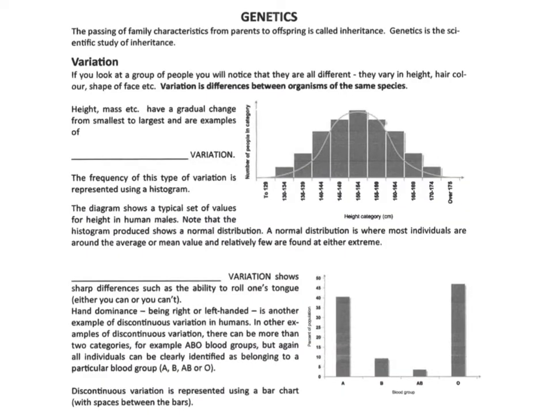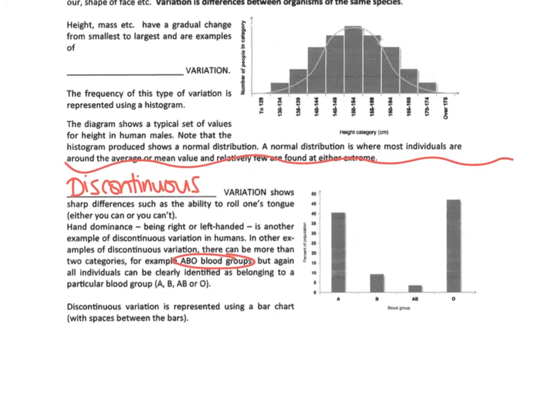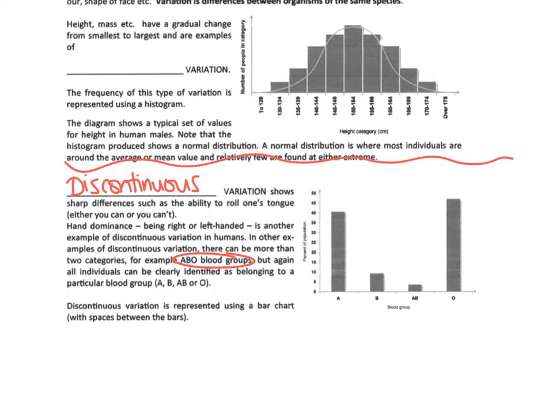Getting back to our notes, we're down here. The second type is discontinuous variation. Basically it's saying sharp differences, like ABO blood groups, and in this case we use a bar chart and there are spaces.